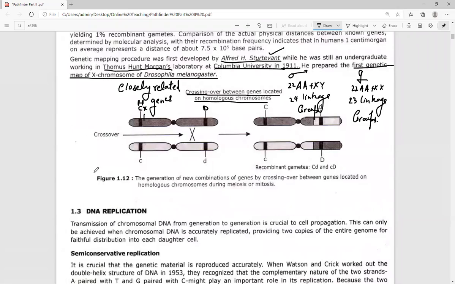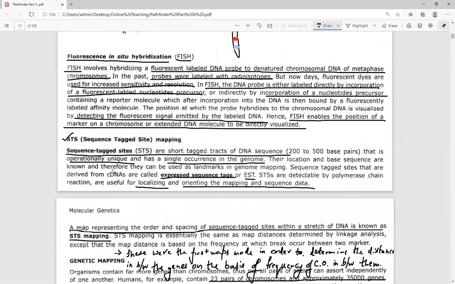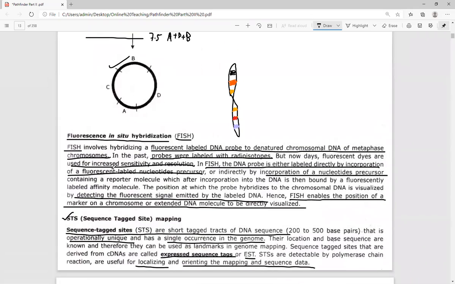It is through these genetic maps and genomic sequences that we can identify which genes are present over the chromosomes and how those genes are aligned over the chromosome. Which genes are present over the chromosomes? What is the exact locus of genes?